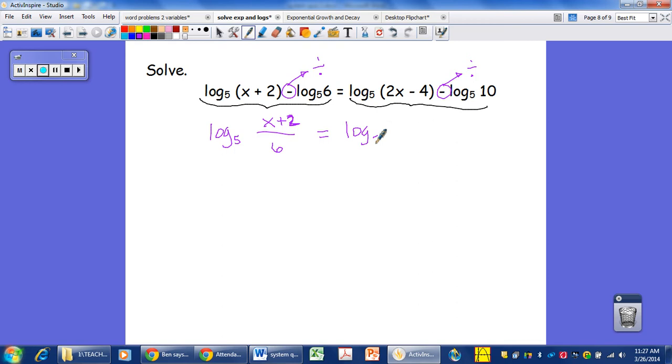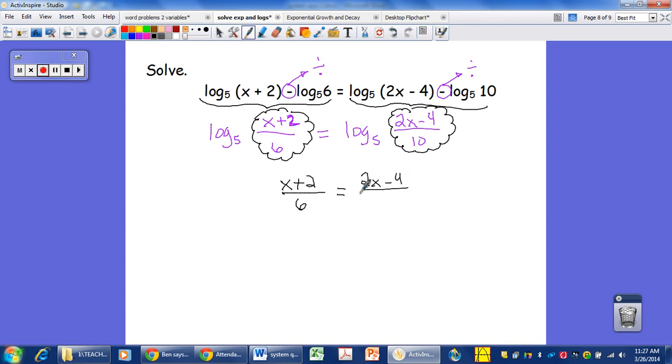Equals log base 5 of 2x minus 4 over 10. So once again, this quantity must be equal to that quantity if their logs are also equal. So x plus 2 over 6 must equal 2x plus 4 over 10. These have to be the same values.